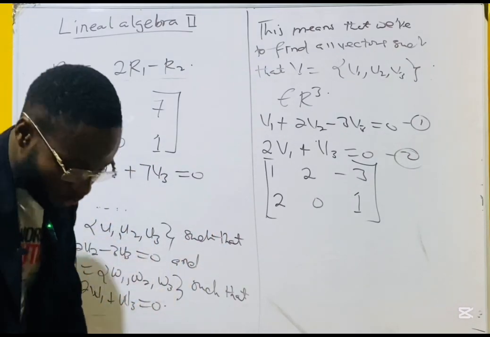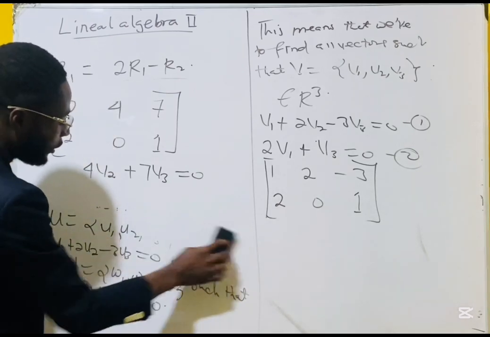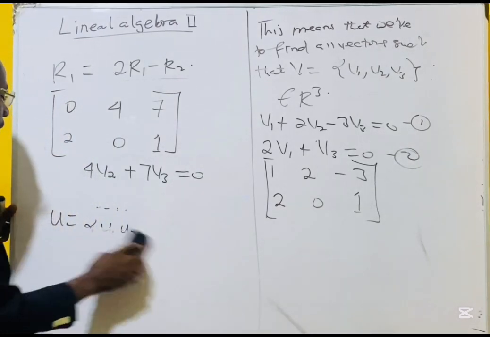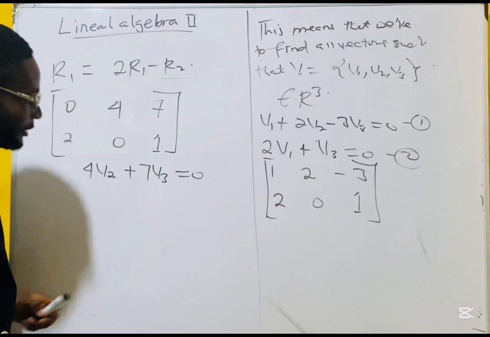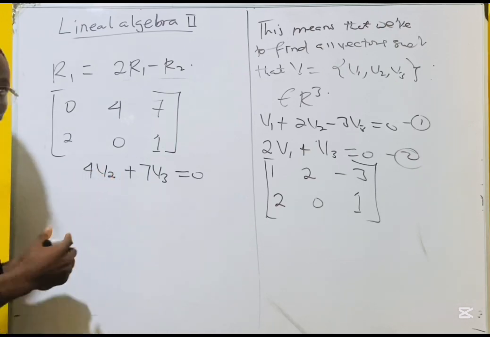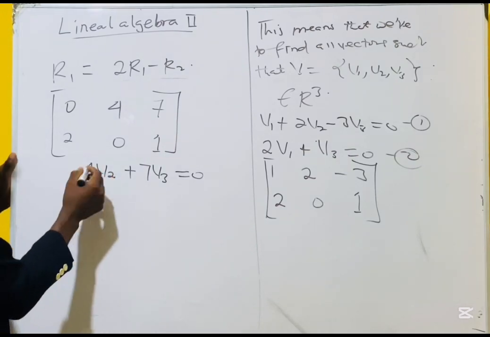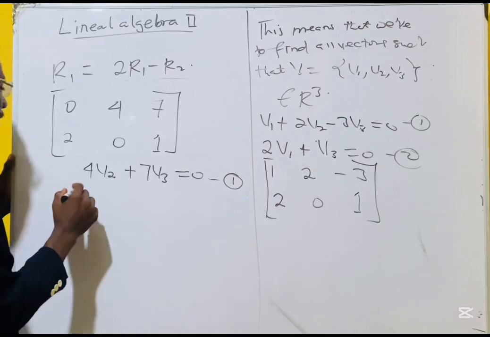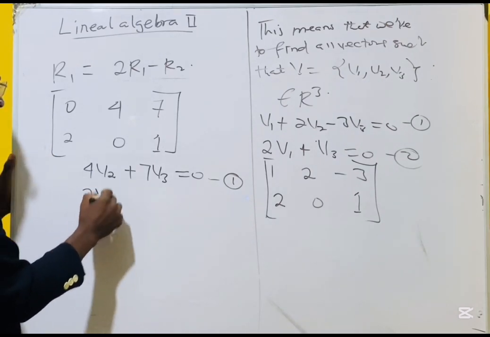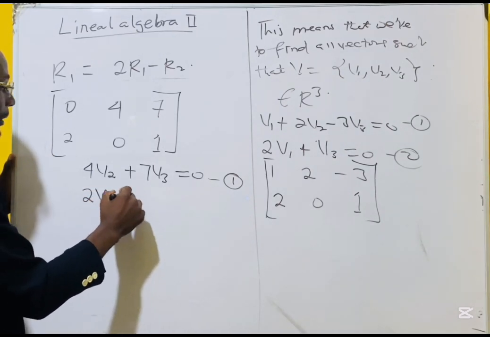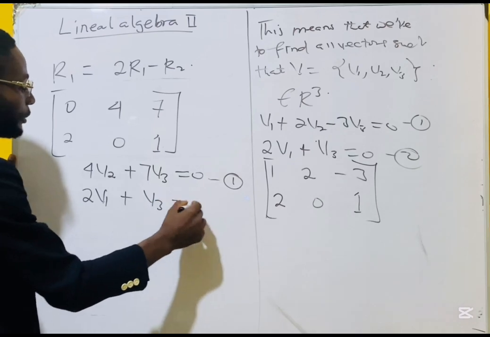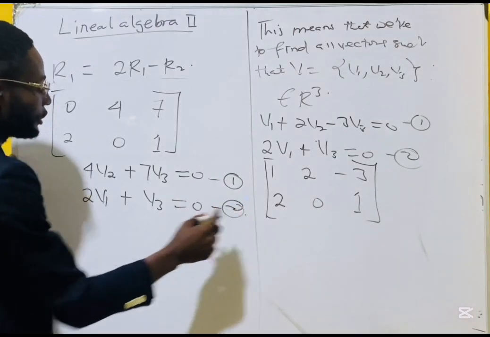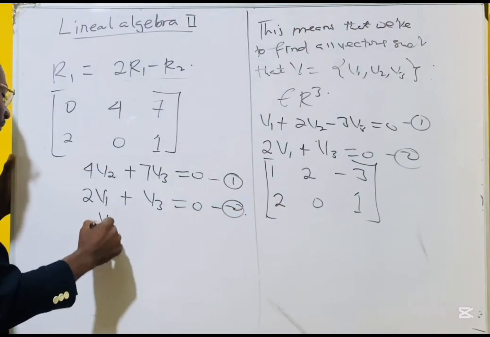Okay, so we have to say that one of the variables belongs to the real number system. So we assume that v3 should be a constant, right? So this is equation 1. Then equation 2, we said 2v1 plus v3 should be equal to 0. That's equation 2.